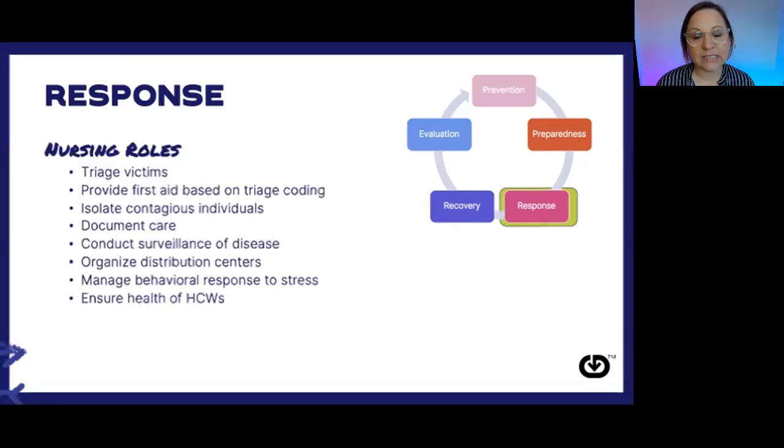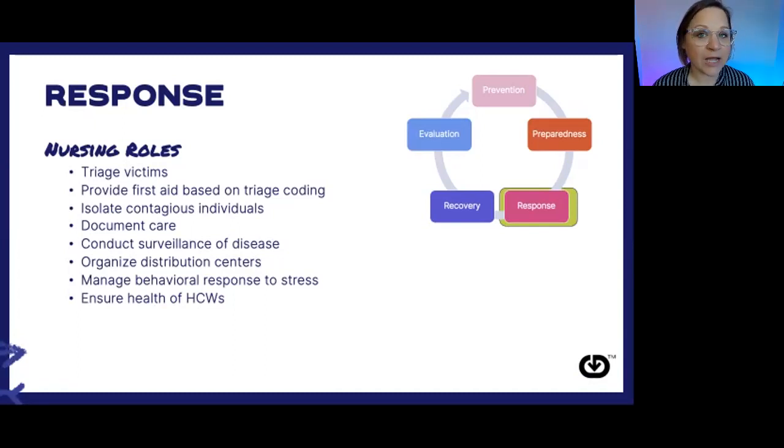So in a disaster, nurses have many roles. The primary role of most nurses during a disaster is to triage victims and provide first aid based on their triage coding. And we're going to get into how you code triage patients in a disaster in a minute. We want to make sure we're isolating contagious individuals to prevent the spread of communicable diseases.